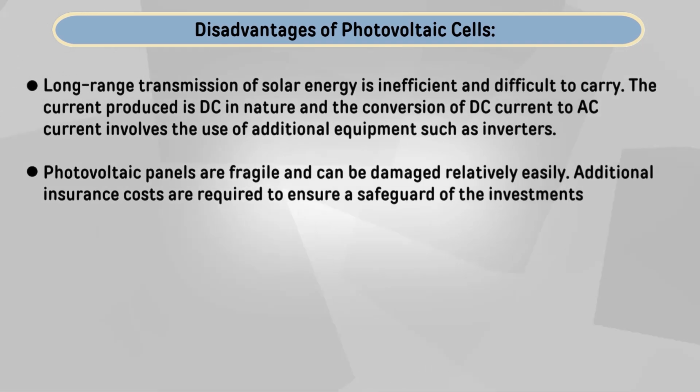And these photovoltaic panels are fragile and can be damaged relatively easily, and additional insurance costs are required to ensure the safeguard of the investments. So, these are some drawbacks or disadvantages of the photovoltaic cell also, and people are trying to overcome all these disadvantages and try to get some good solar panels or photovoltaic cells.